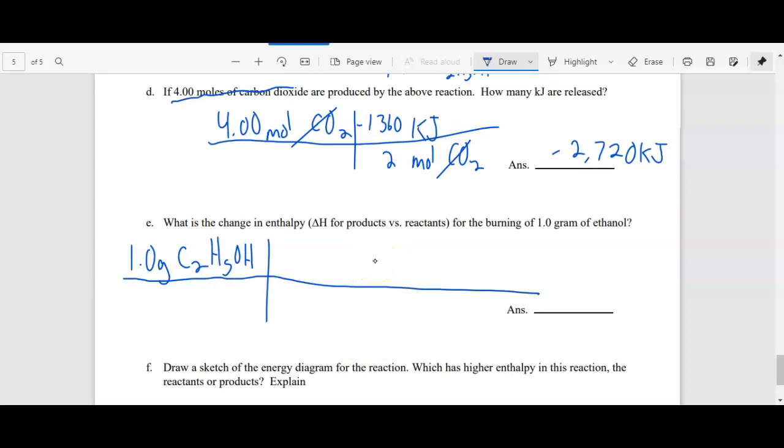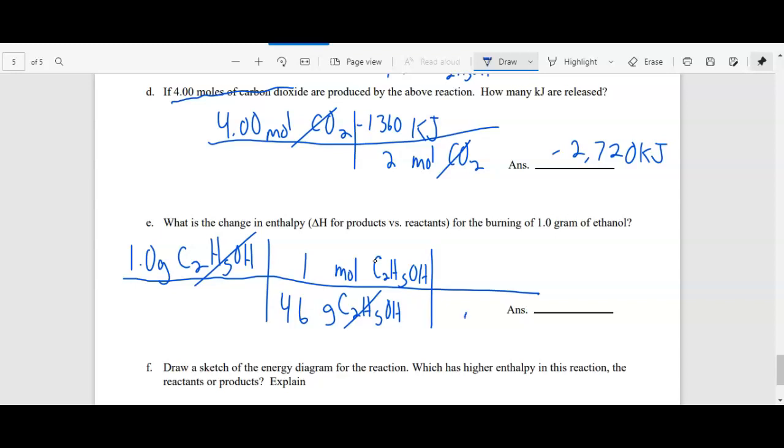We'll go grams of C2H5OH to mole of C2H5OH. And you've got 2 ways you can do this. At this point in the year, you can calculate it yourself, or you can look it up online. If we look it up online, it comes out to 46 grams per 1 mole. Grams cancels out. I'm left with mole, but we're looking for the heat since we're looking for delta H.